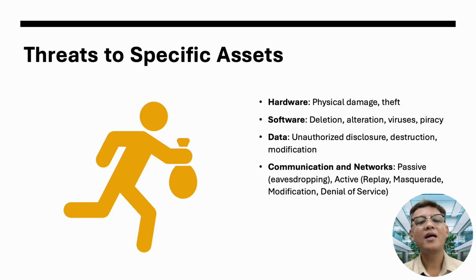And finally, communication lines and networks encounter both passive and active attacks. Passive attacks include eavesdropping and monitoring communications quietly. Active attacks, however, actively disrupt or alter communications, including denial of service attacks or interception and modification of data in transit.